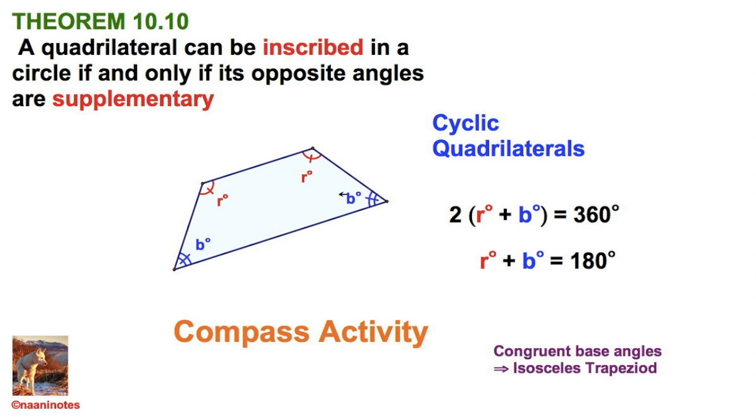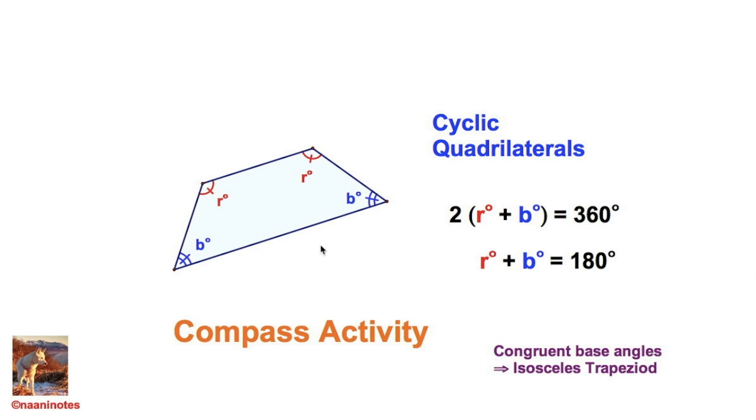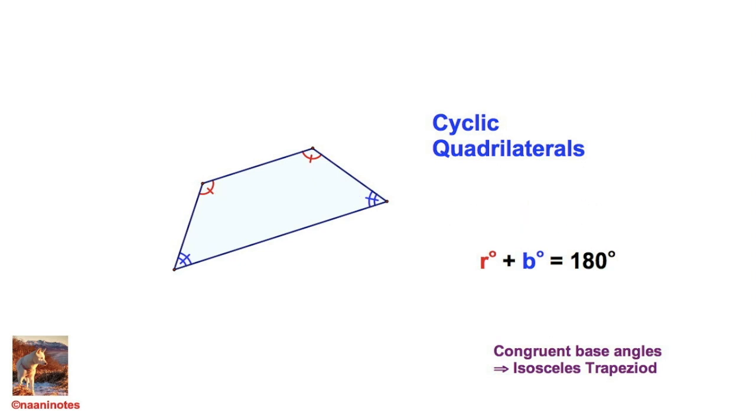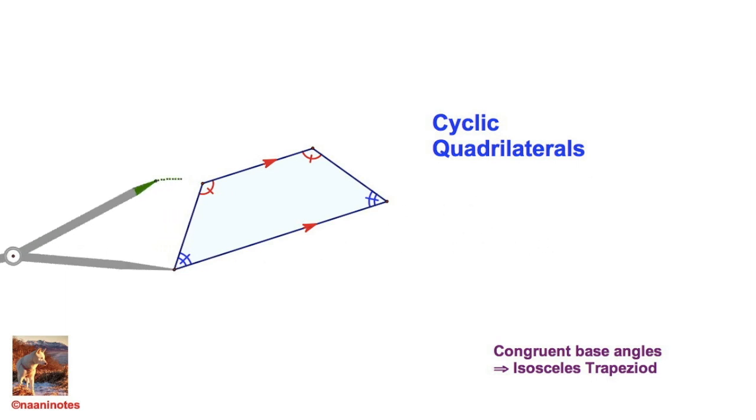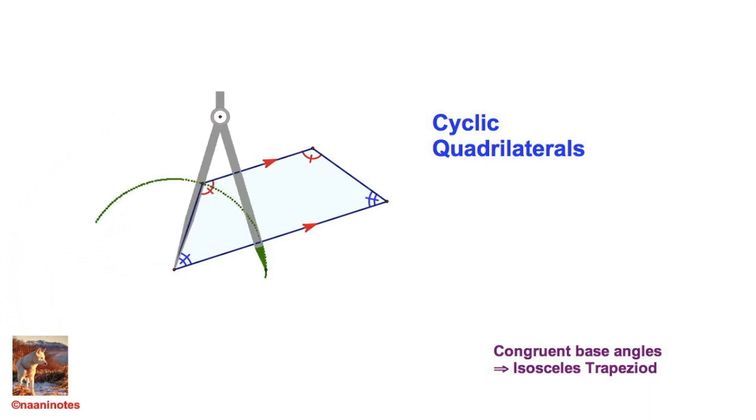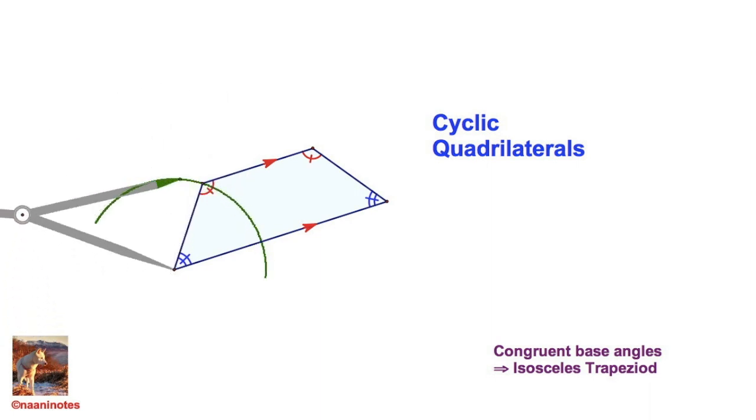So let me get a bunch of this stuff out of the way so we can pull out our compasses. Are you ready? Are you with me? Yes. So go ahead and let's do this. Gap your compass. We're going to make a bunch of compass swings. We're going to put the needle on this vertex, and we're going to give it a swing this way, because what we're doing is our good old friend, the perpendicular bisector construction.